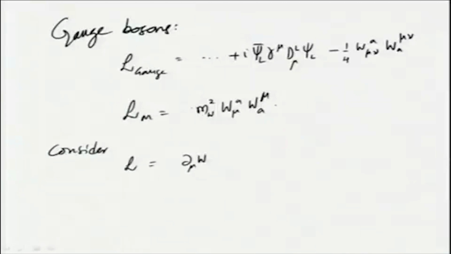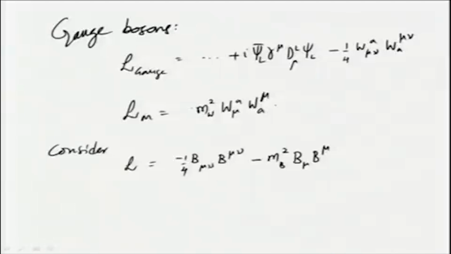Dou mu W minus 1 over 4 F mu nu F mu nu. For simplicity, we will take a non-abelian kind of this thing, okay, or let us take a B mu nu, which is immediately familiar to us. Plus M B square B mu B mu.